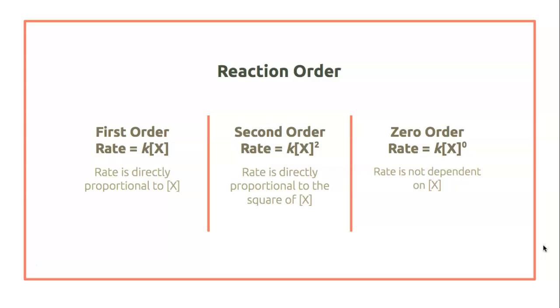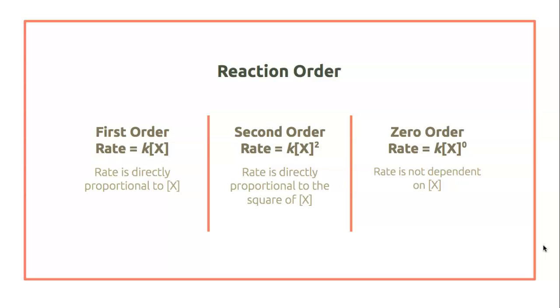That doubling in both the concentration of the reactant and in the rate indicates that it is directly proportional and therefore first order. Sometimes you'll see doubling, but that is not indicative of second order.